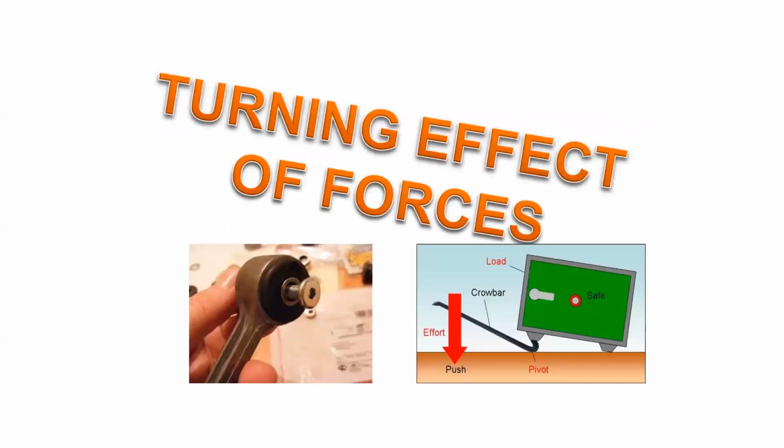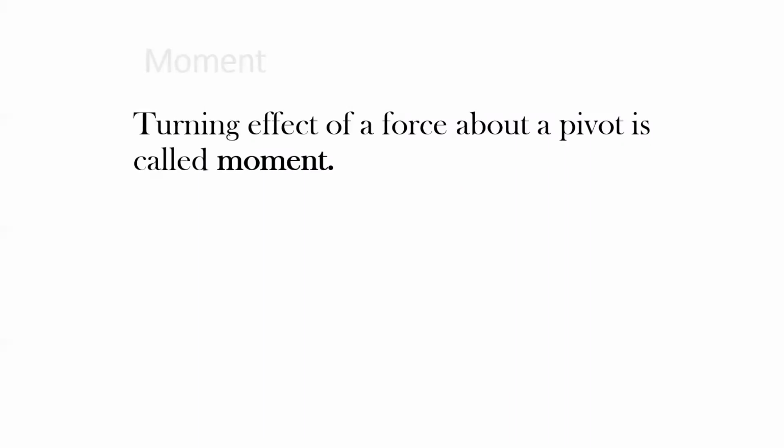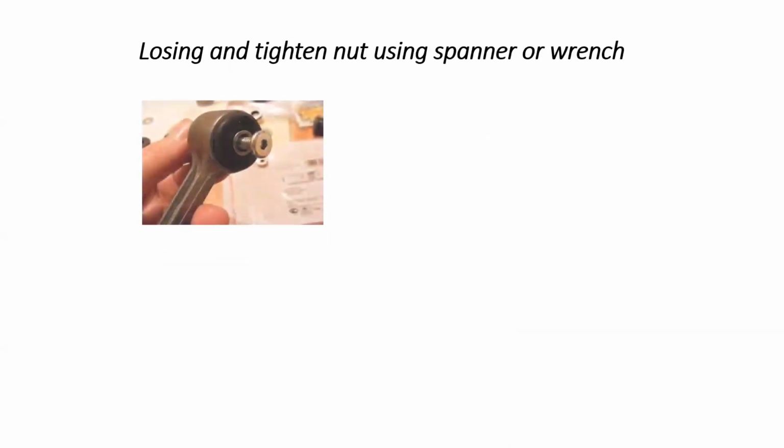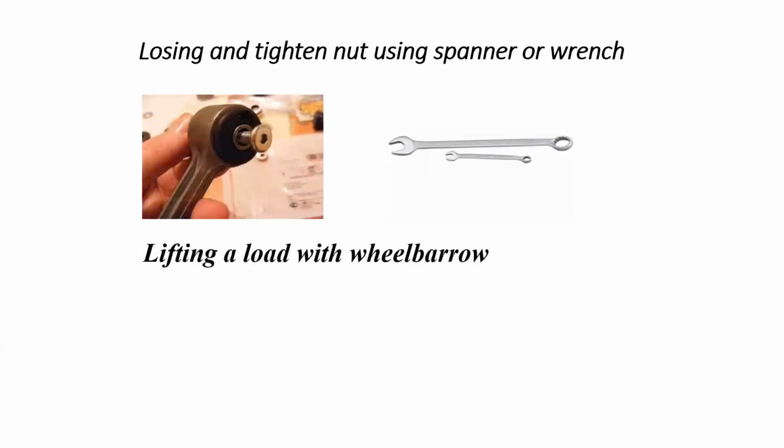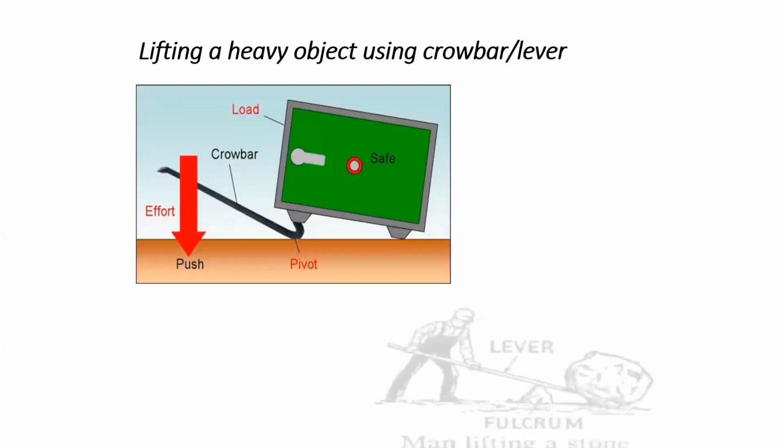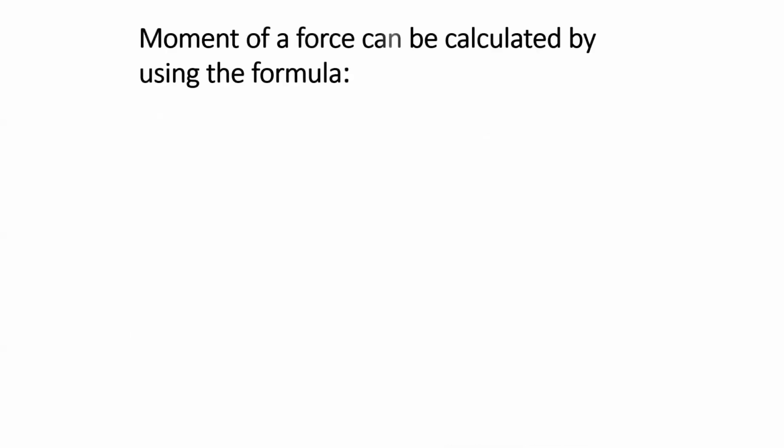So the start was the turning effect, then the definition of the moment: when a force is applied and rotates the object, we call that a turning effect. Examples are opening a door, loosening or tightening a nut using a spanner or a wrench, lifting a wheelbarrow, or using a crowbar to lift heavy objects.